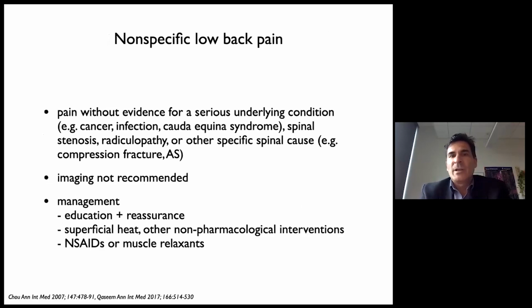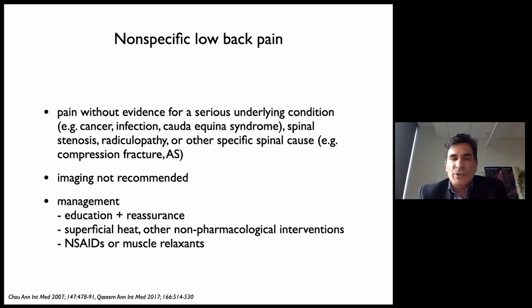This patient presents with symptoms that fall into the category of non-specific low back pain. So this is acute back pain without any evidence for a serious underlying condition. So review of systems in his case was negative for a serious underlying condition.